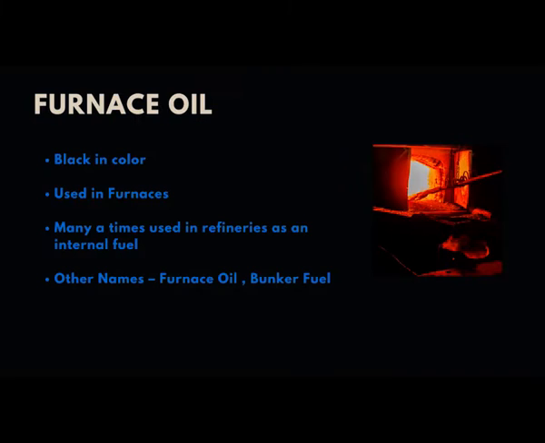It is primarily used in furnaces, and many times most of the fuel oil is consumed within the refinery, because in a refinery there are a lot of heaters. All the heaters may consume fuel oils as one of the fuels. There may be fuel gas fired heaters too, but most of the time the furnace or heater would use a combination of fuel oil as well as fuel gas.